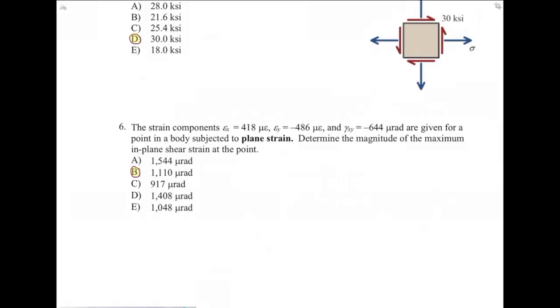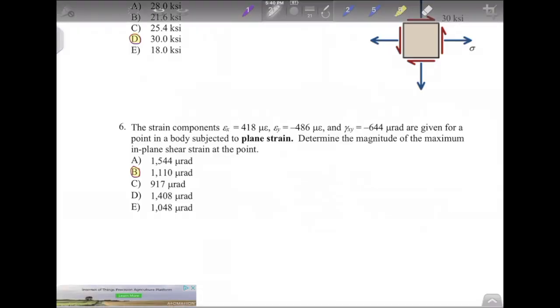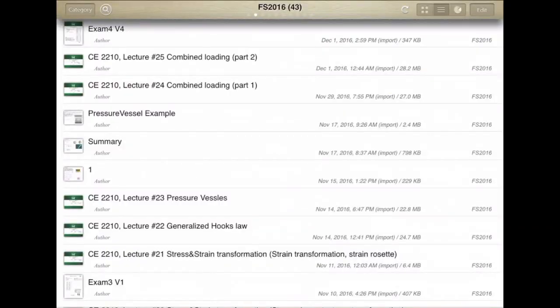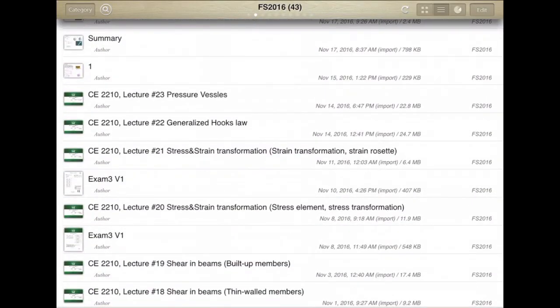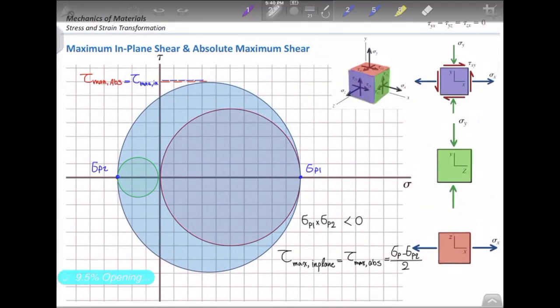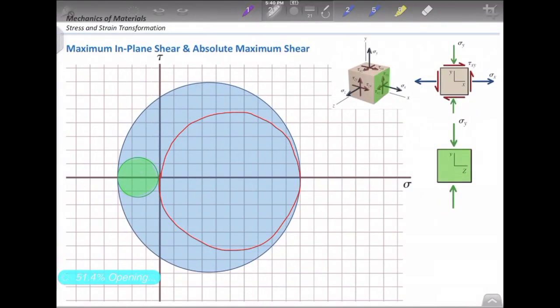So first we need to determine epsilon p1 and epsilon p2. The questions that we have in this chapter, on this page, are actually relating to the concept that we discussed in lecture 21, I guess. Yep, this one. So here, it depends on what the stresses are.